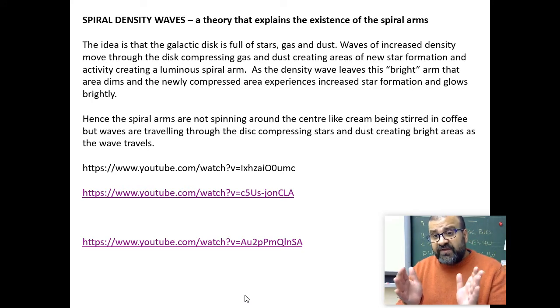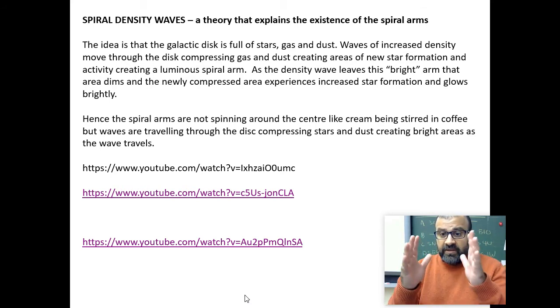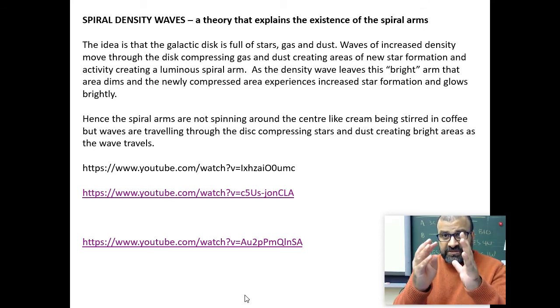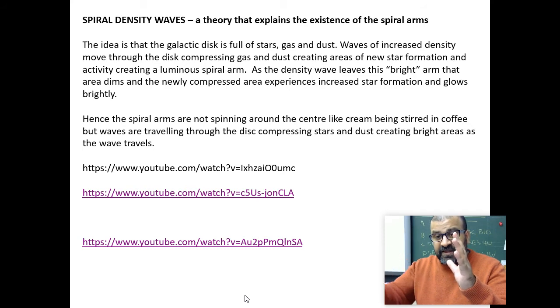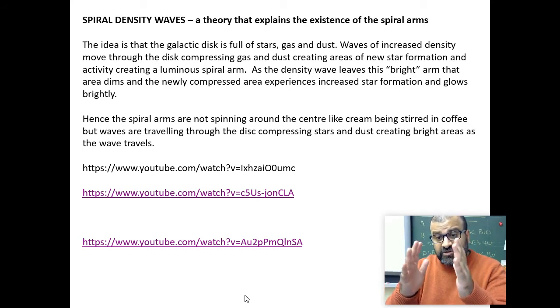Another analogy is a traffic jam. Think of a traffic jam on the 401 heading into Toronto. But those cars don't stay there. The cars at the front can leave the traffic jam and start moving. Cars behind come up and get caught in the traffic jam.